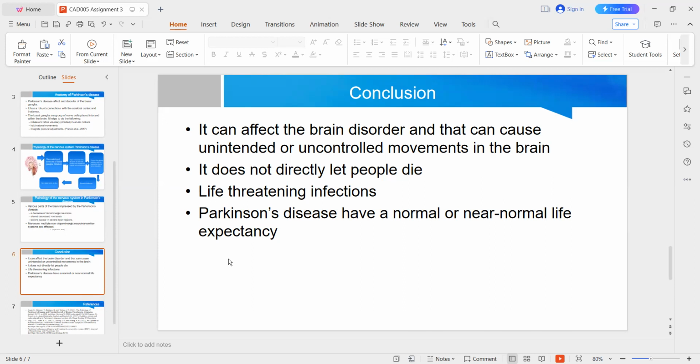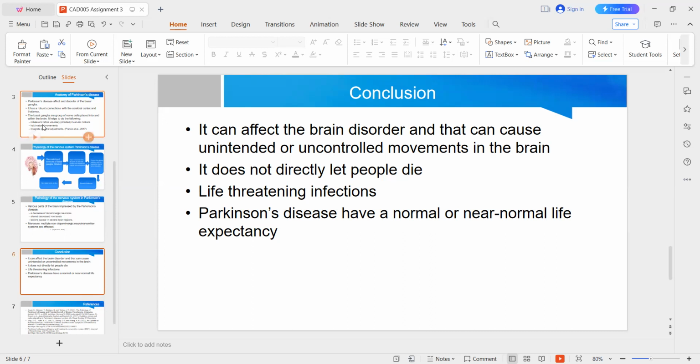Some research has shown that people with Parkinson's disease have a normal or near-normal life expectancy. So it is not the case that people just die within some years. It takes time to progress and to make different impacts on a person's life.